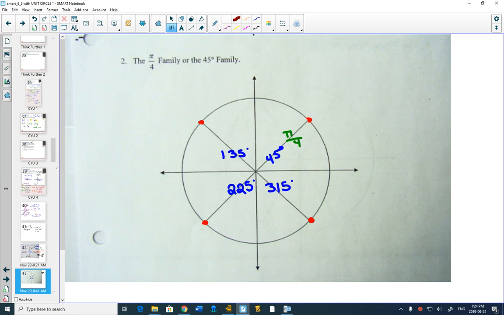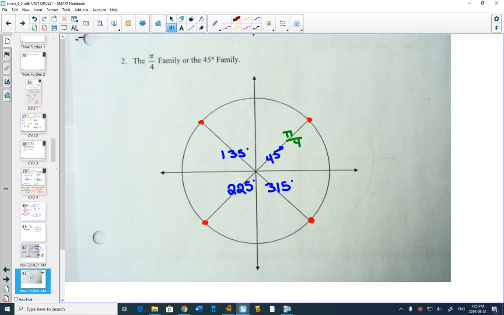We need to find out what 135 degrees is. So we have a couple of options. One option is we could change 135 degrees to radians using the formulas that we had.